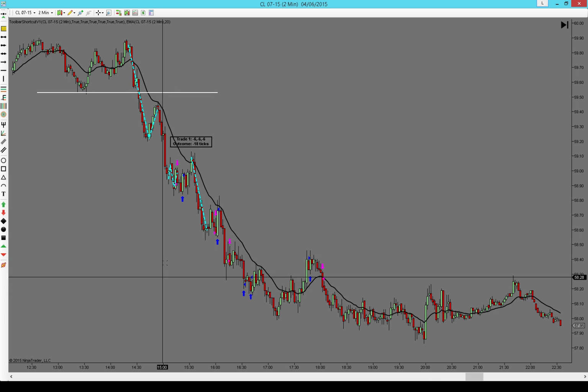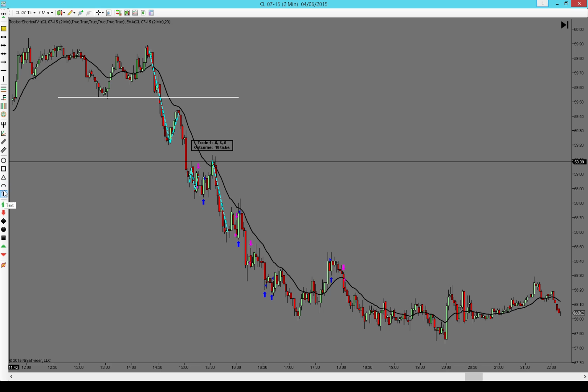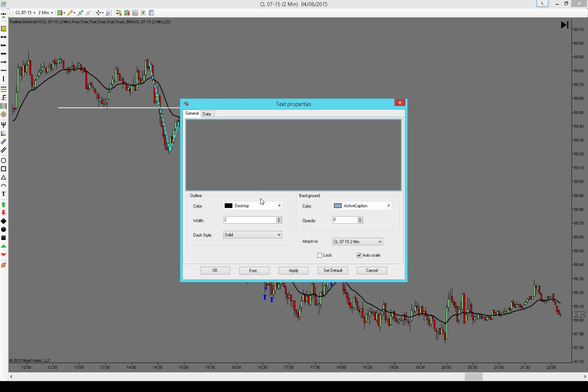Market was volatile today. Second trade -16. Oh, sorry. Outcome -48 ticks.